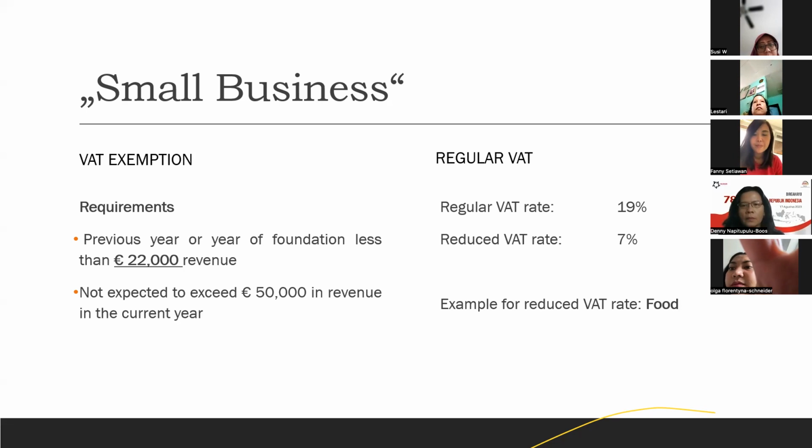So you need to care about it, especially when you have a business with different kinds of services or products. You need to check which product needs to use the regular VAT or the reduced VAT. But yeah, that's very individual, so that would be a topic for another discussion.